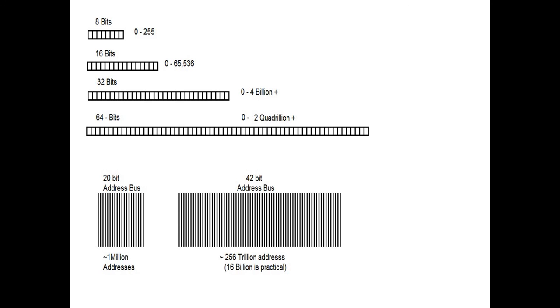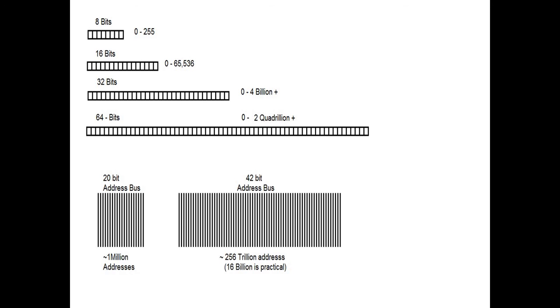Speaking of which, throughout this whole thing, I've been using the first 8-bit computer as our example, but computers have evolved since then. Those first 8-bit computers could have a memory location that could hold a number 0 through 255.